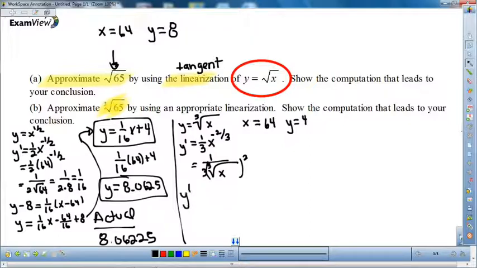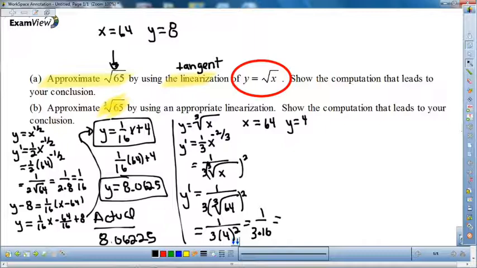I'm going to go ahead and substitute x, which is 64. So the cube root of 64 is 4, and I'm going to have to square it. So I have 1 over 3 times 16, which would be 1 over 48.